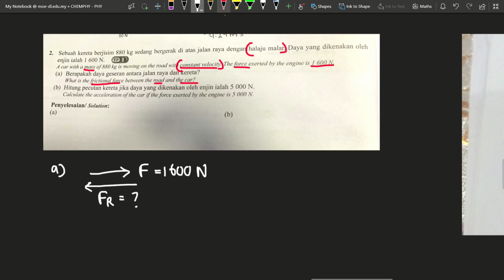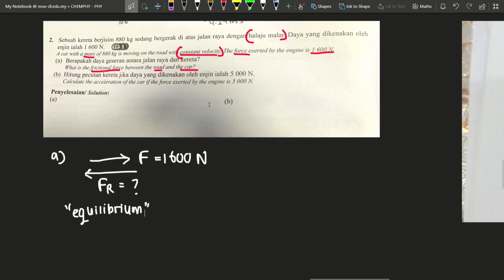So you know our keyword is constant velocity, halaju malar. So it is in equilibrium state, dalam keseimbangan daya. So keseimbangan daya ni maksud dia your forward thrust produced by your engine will actually be equal to daya geseran, frictional force. Therefore, your frictional force is equal to 1600 Newton.